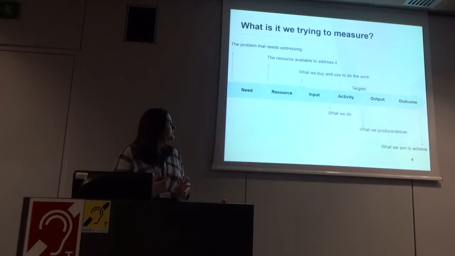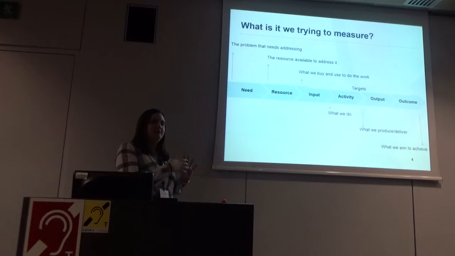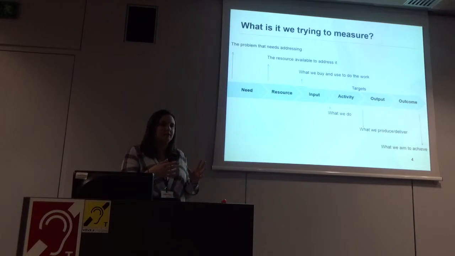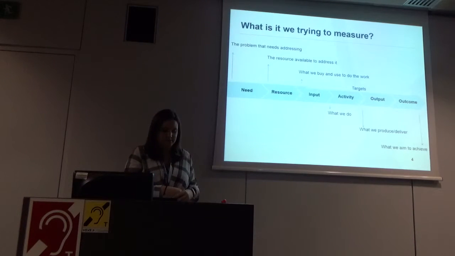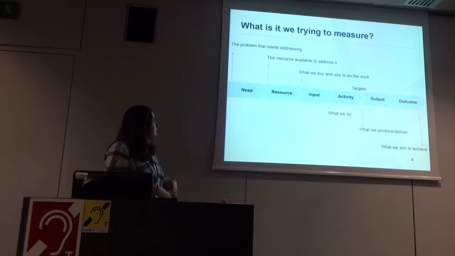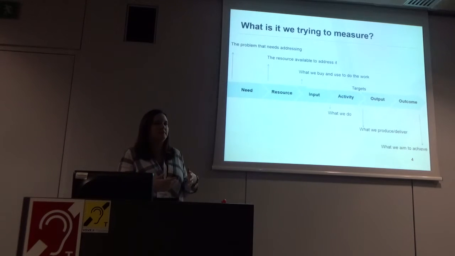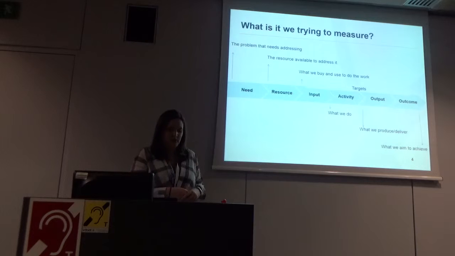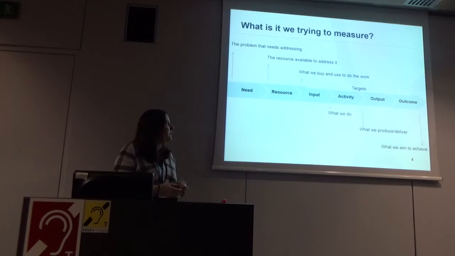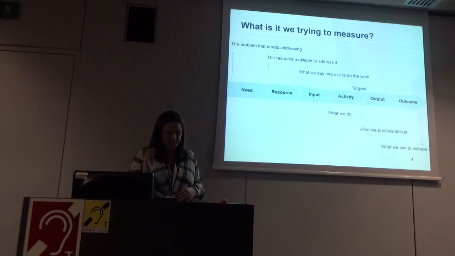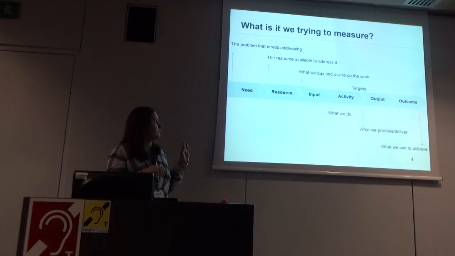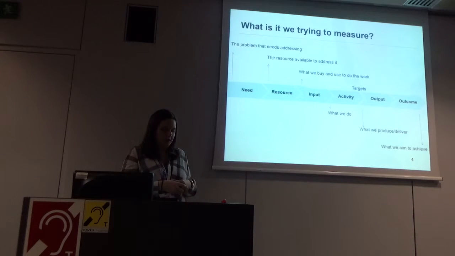The point of these is to help show the relationships from the need that you've identified, the reason that you're setting up a policy or project in the first place, through to your resource to address it, what you buy with that resource, the activities that are undertaken with that resource, through to your outputs, what you produce or deliver, and then what you actually aim to achieve at the end of it.